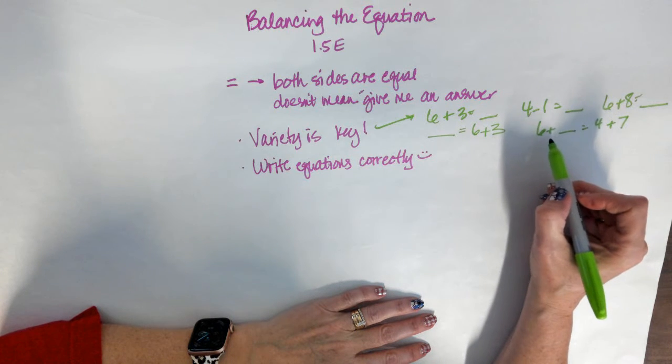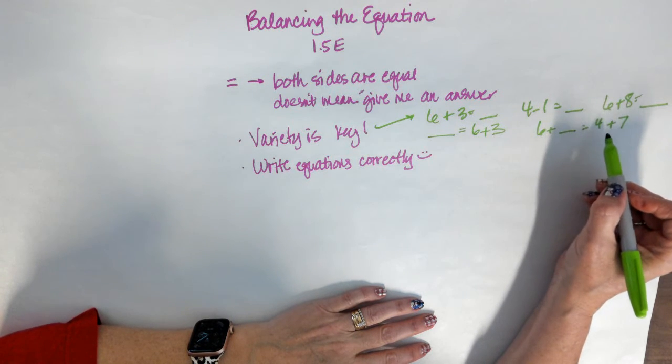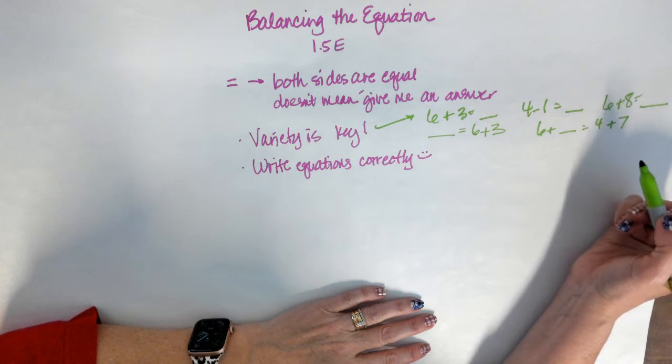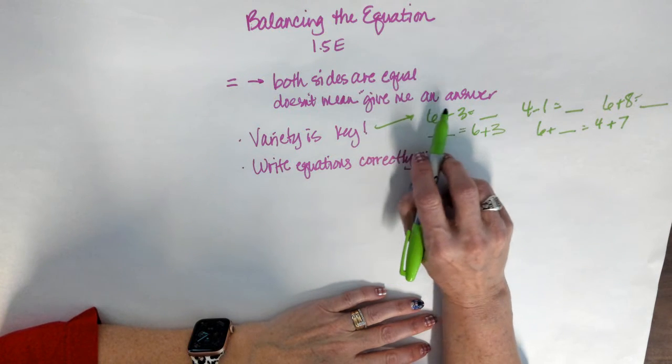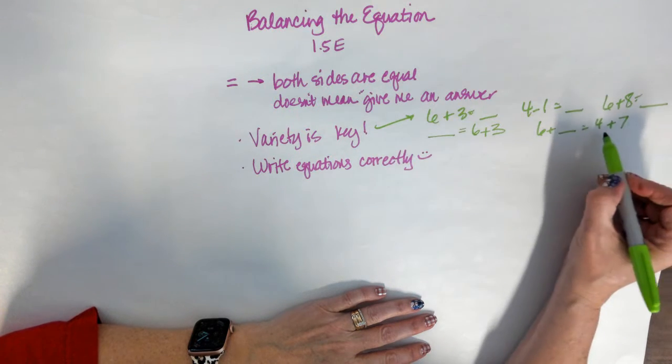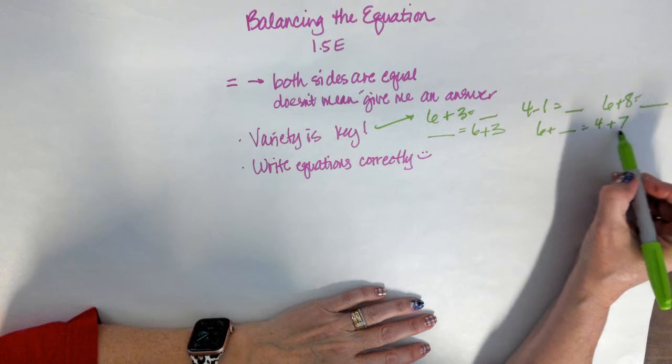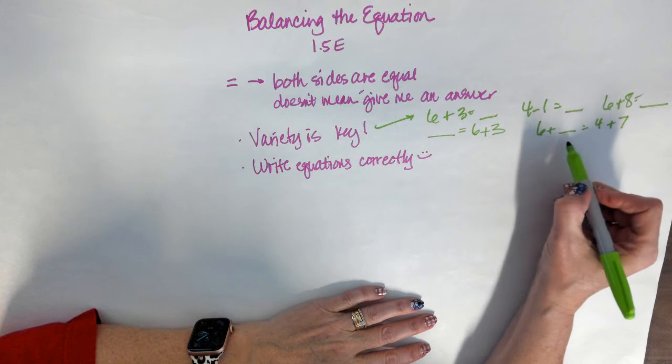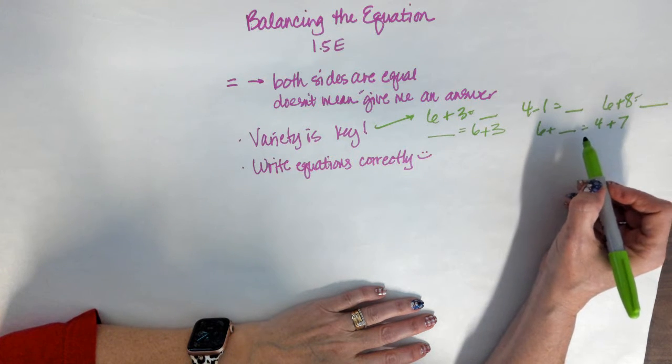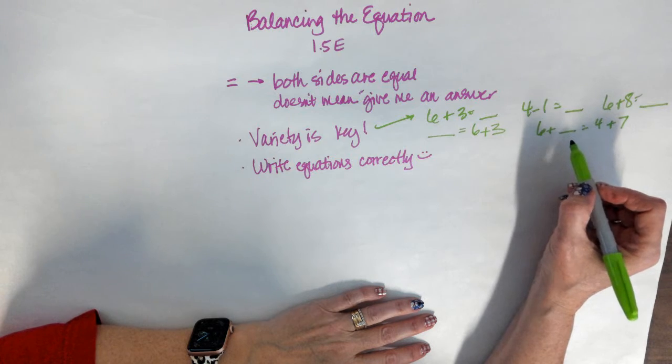And they see here 6 plus blank equals 4. That doesn't make sense to a kid who thinks that the equal sign means give me an answer, because they don't understand yet that this side has to equal this side, not just these two things added together equals this blank.